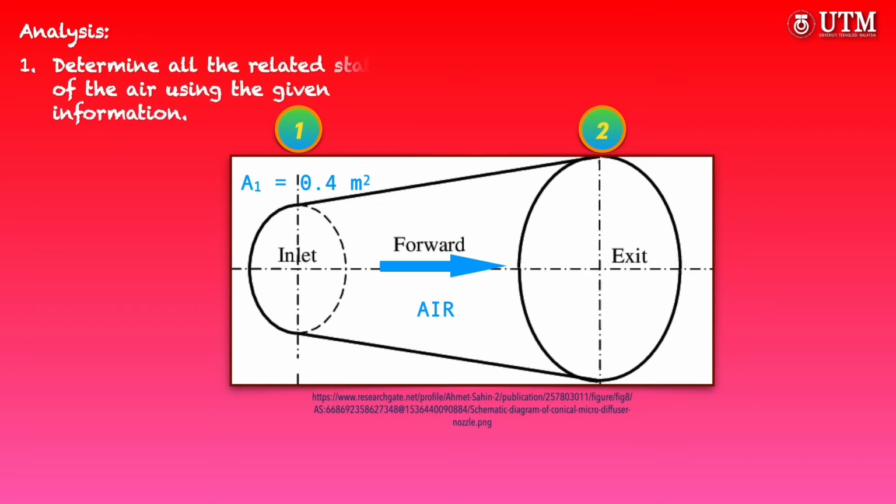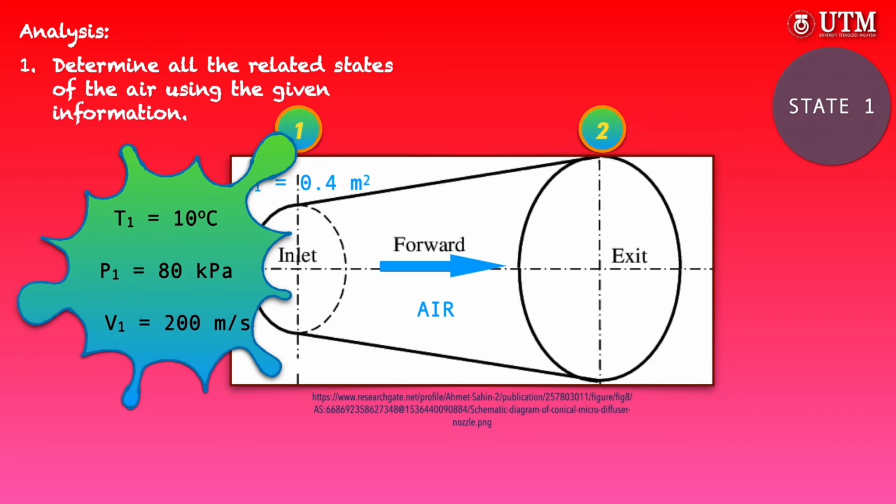For step 1, we begin by determining air properties at state 1 using the available information. The gas initial volume, pressure and temperature have been provided as shown. Those properties represent state 1.